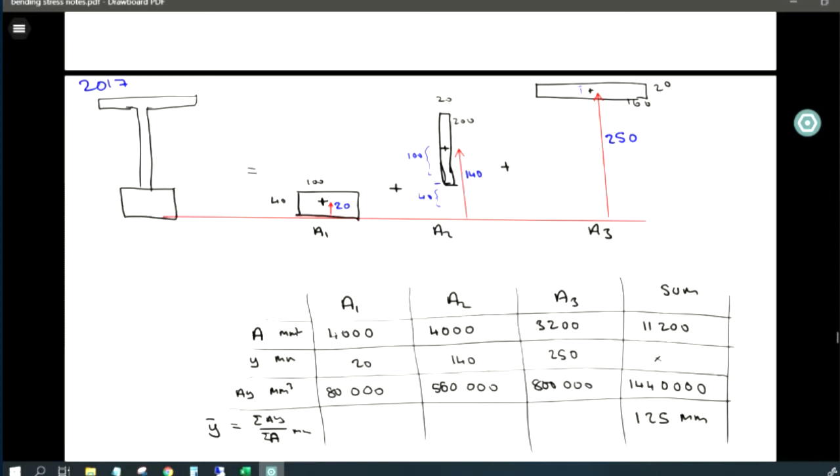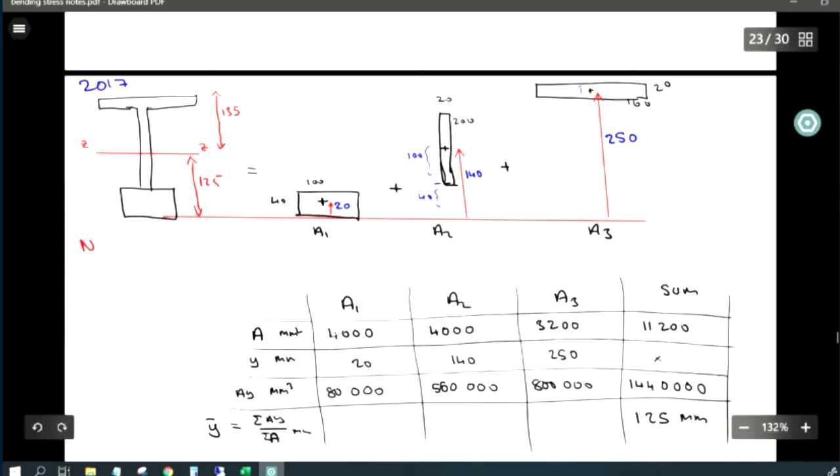Slightly better. Okay, so this thing is 125 from the bottom. So it's referred to as ZZ in the question. So that distance there is 125. Now the whole thing is 260. So the distance from the top is 135. So 125 plus 135 is 260.